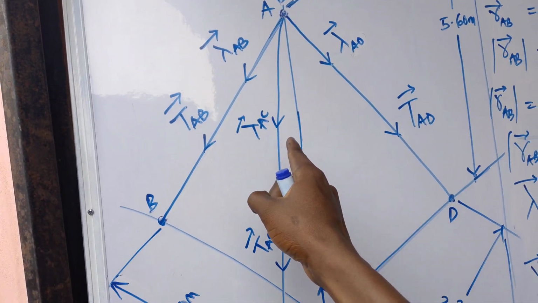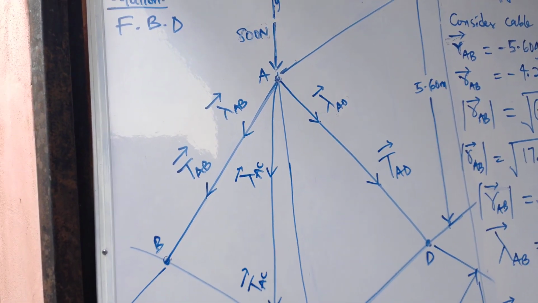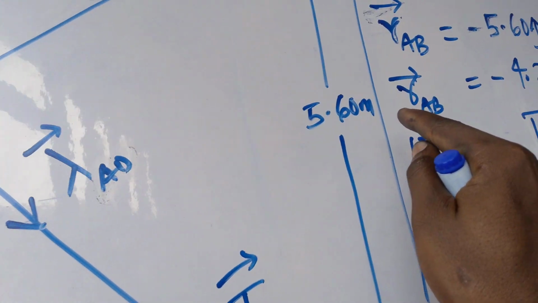So if I come down now, we'll have minus 5.60 J. That is this distance, 5.60.